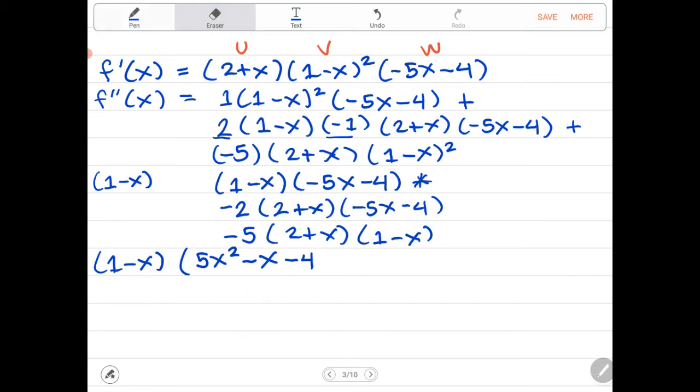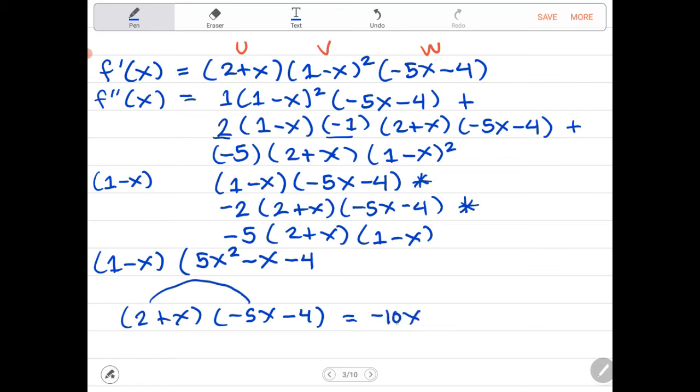How about for the second line? We have 2 plus x times negative 5x minus 4. Negative 10x, negative 8, minus 5x squared, minus 4x.